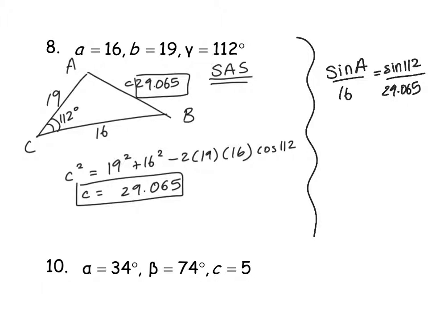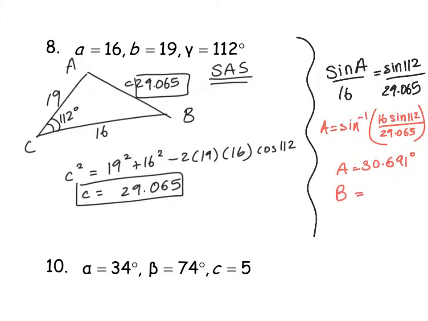So in this case, A is the inverse sine of 16 times sine of 112 divided by 29.065. So angle A is going to be 30.691 degrees. And to find B, I simply subtract the measurement of angle A and measurement of angle C from 180, and that's 37.309 degrees.